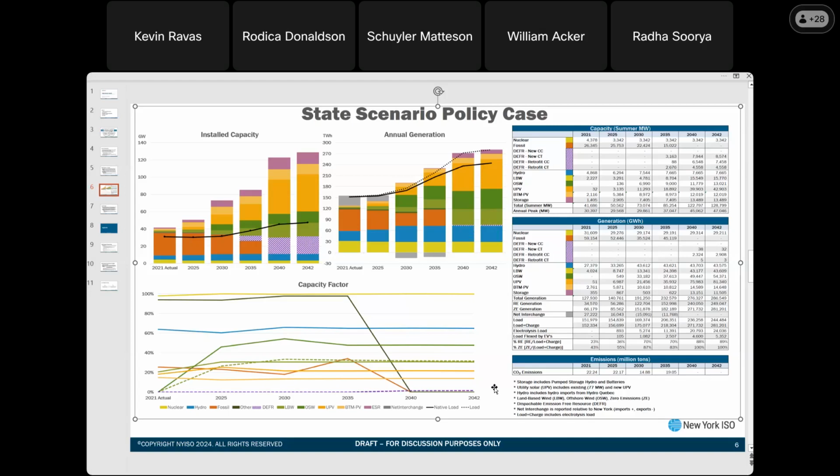Okay. So though you say it is a capacity factor, it is basically annual generation. That is what you're showing here. Yeah, the capacity factor is the percent of annual generation that is produced relative to what it could have produced if it was running full out the entire year. Okay, makes sense.